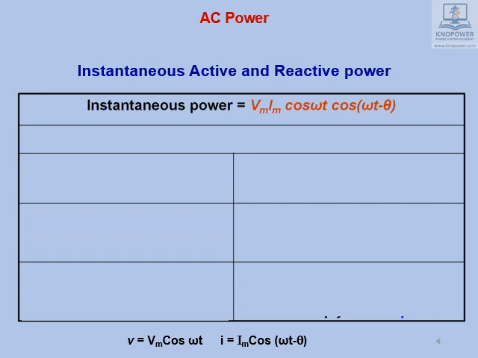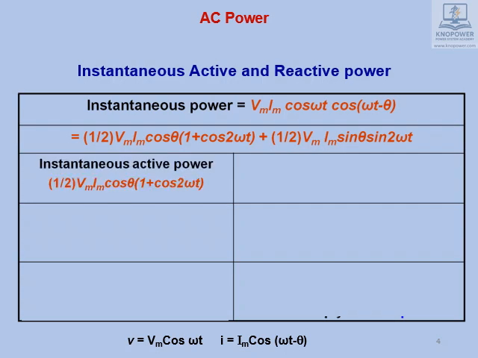What have we learned new from the previous slide? Instantaneous power equals Vm Im cos omega t into cos omega t minus theta. That equals 1 divided by 2 into Vm Im cos theta into 1 plus cos 2 omega t, plus 1 by 2 into Vm Im sin theta into sin 2 omega t.